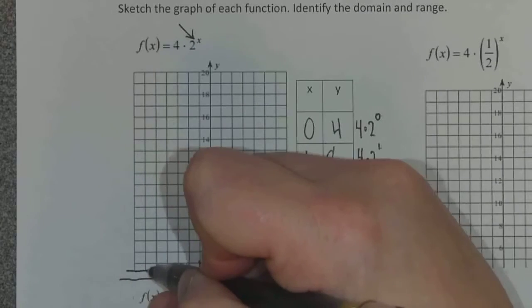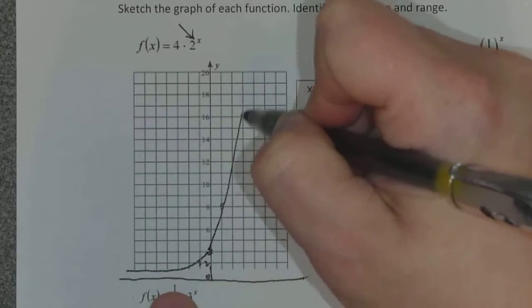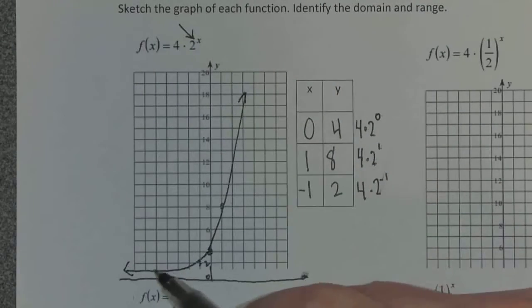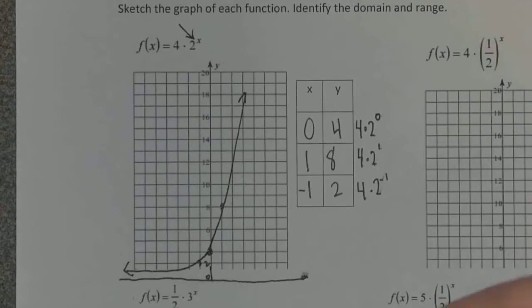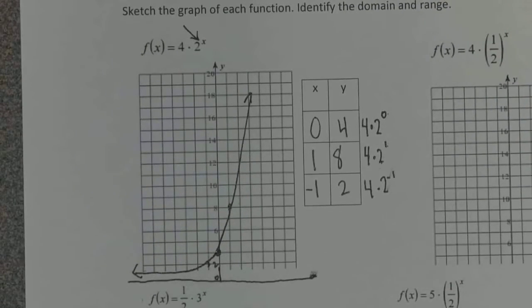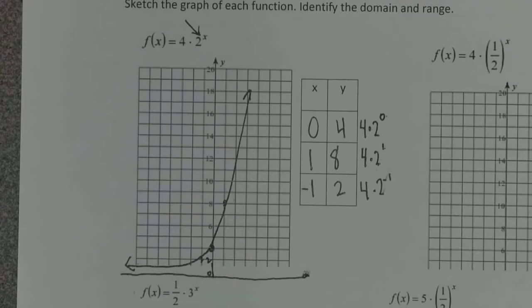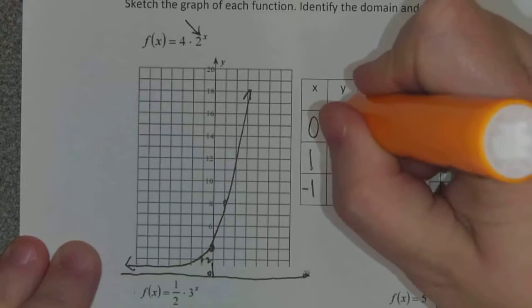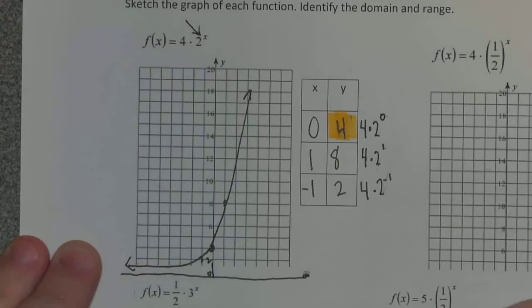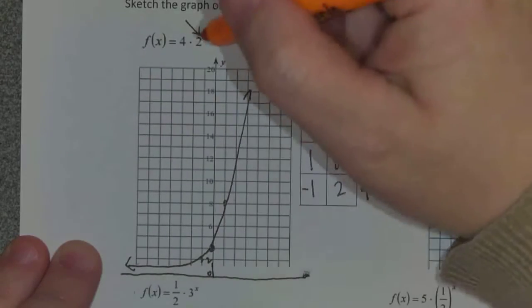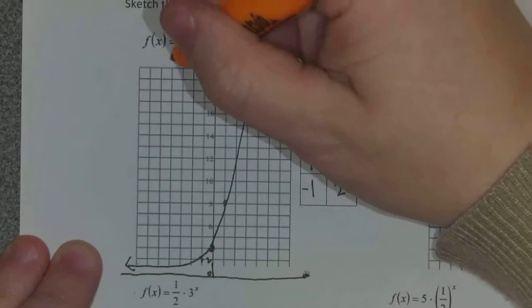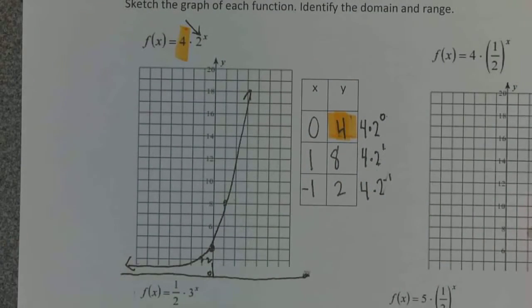So that's probably enough to know where our graph's going, because we know it's going to be bound by 0. So we know it's getting closer and closer to 0, but it's not going to cross that x-axis. Now, something I do want to point out to you: if we look at where 0 is on our t-table, that value also appears in our formula.